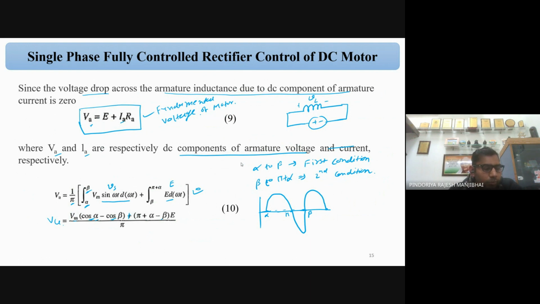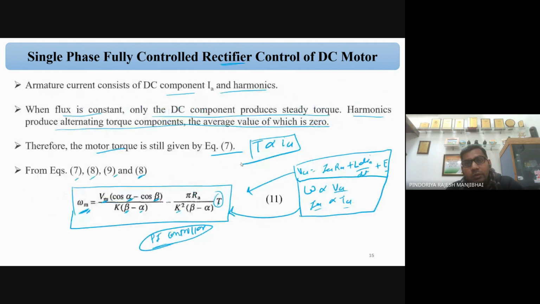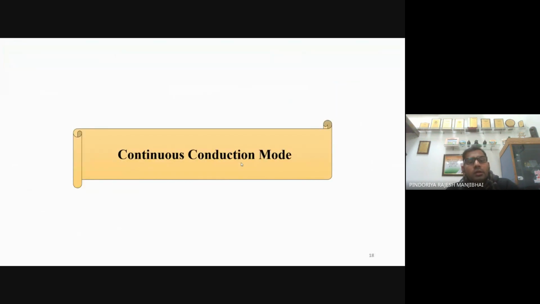Compared to the discontinuous mode, continuous mode is simple. So now we can discuss the continuous conduction mode. Continuous conduction mode means that current flows continuously in the circuit, so there is no zero crossing point.